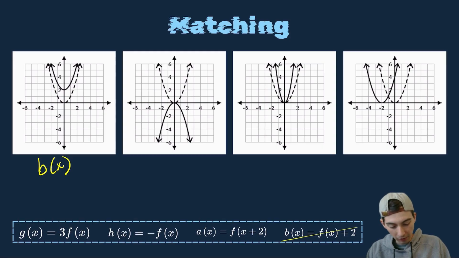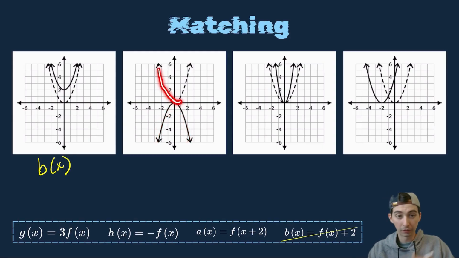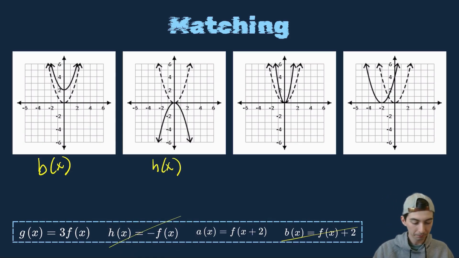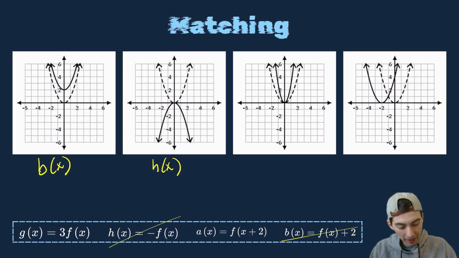This one, my solid graph, is reflected over the x-axis from my dotted graph. So the reflection is the negative on the outside, which is this h of x. So h of x would go with this graph, and I've used that one. Now my black graph is skinnier than my dotted graph for this one right here.